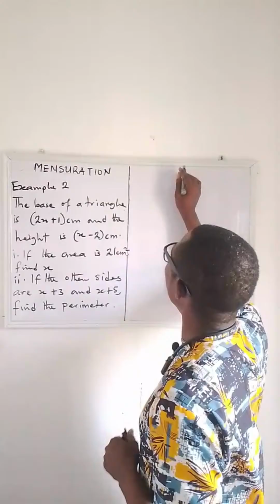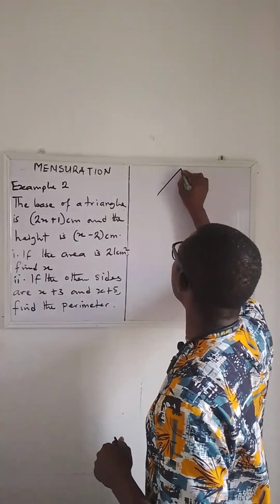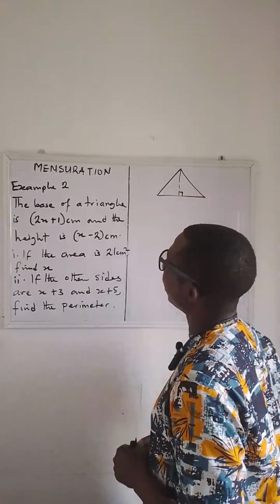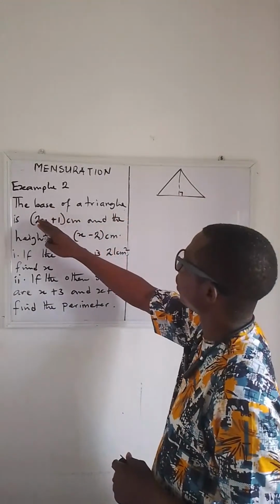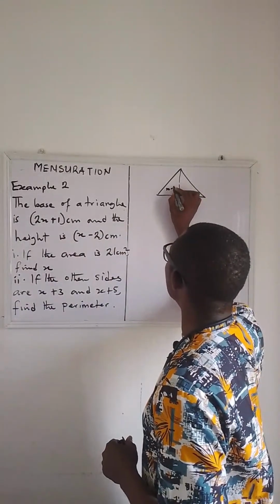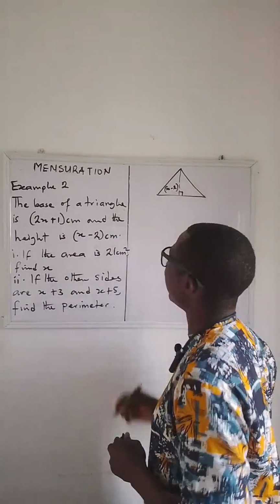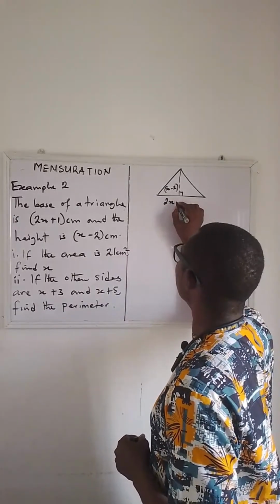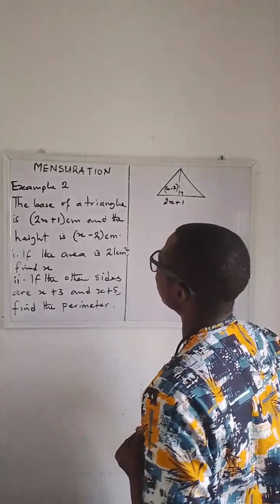Okay, so we have a triangle that looks like this. That's the height. Now the height has been given. We have the height to be x minus 2. And the base is given as 2x plus 1 in centimeter.